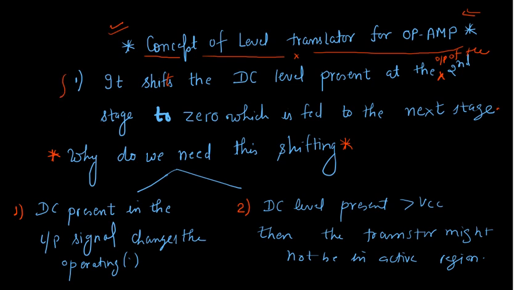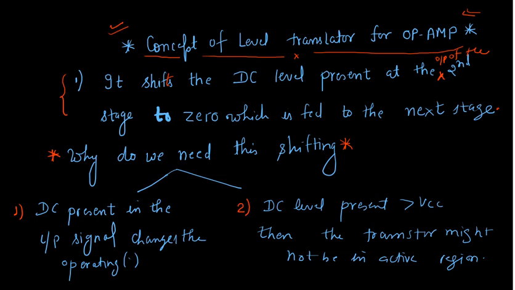So why do we need such shifting? If you recall from your previous classes, when we cascade two BJTs etc., we always put a capacitor in between. So the capacitor serves the purpose of blocking the DC or shifting the DC level to 0.